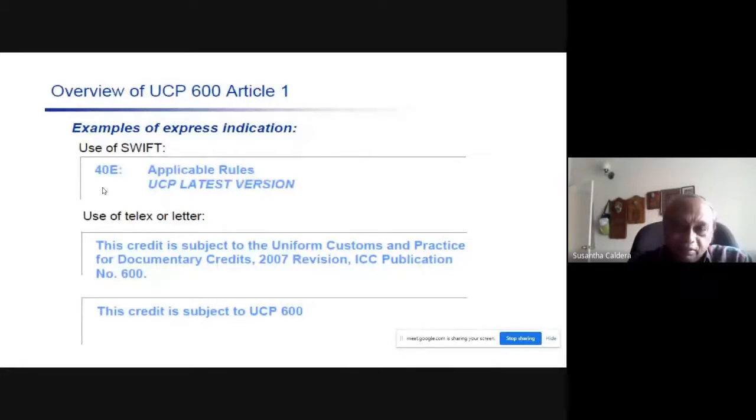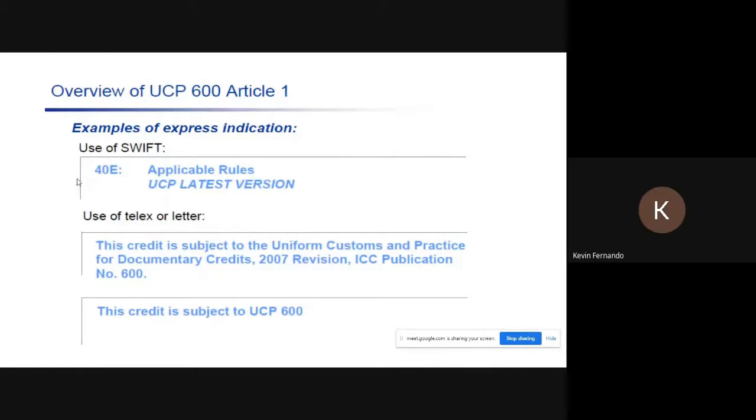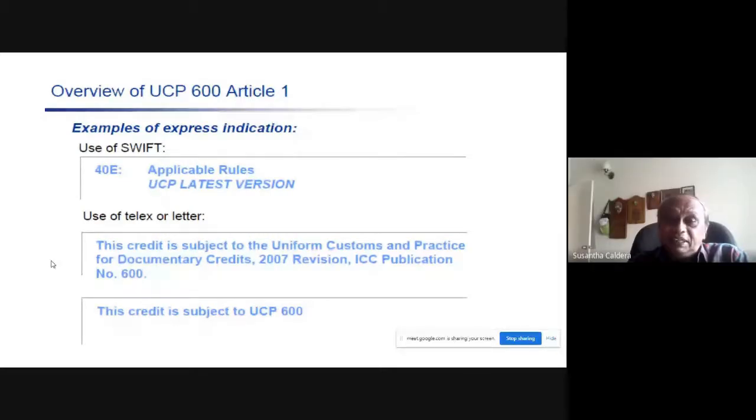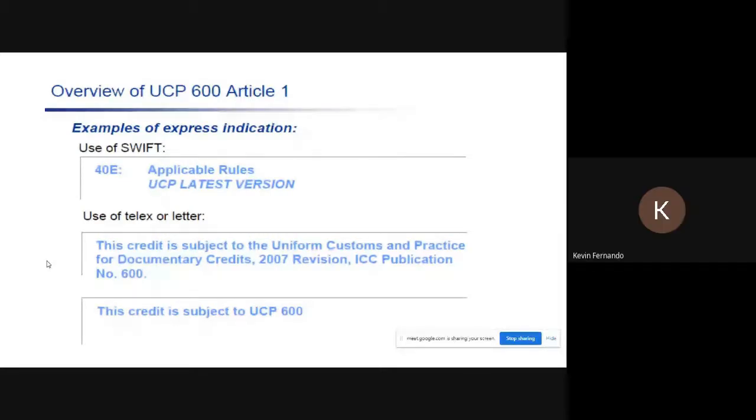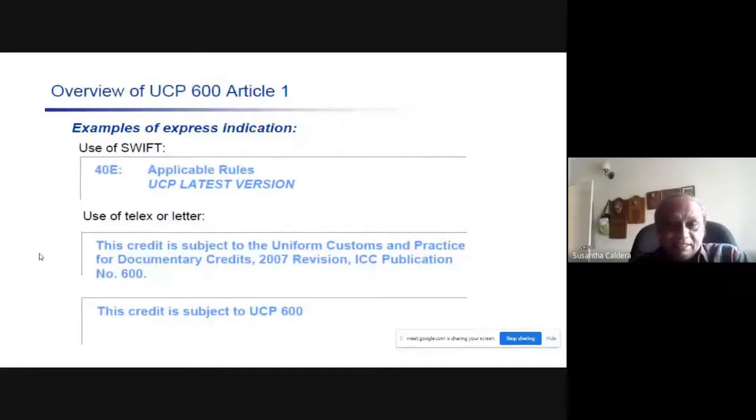UCP 600. The latest one. This credit is subject to UCP 600.